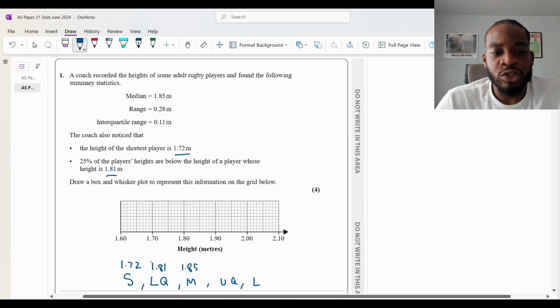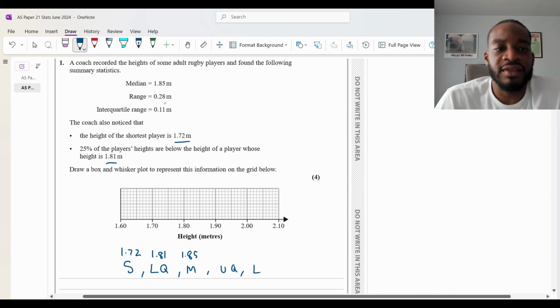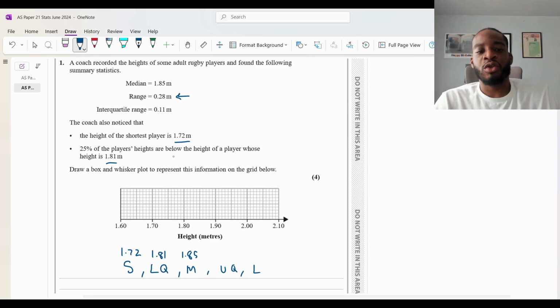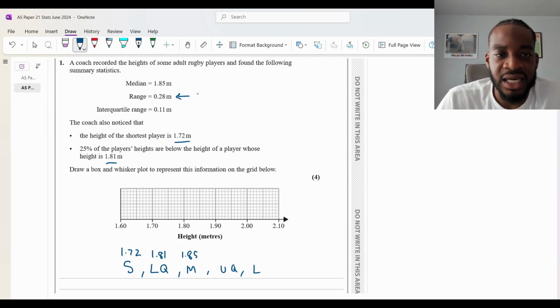Okay, so now it's our job to figure out what the upper quartile is, what the largest value is, and then we can draw the box and whisker. So let's start with the information of the range. The range is 0.28. Now we know the range is the largest value minus the smallest value. So L take away S has to equal 0.28, right?